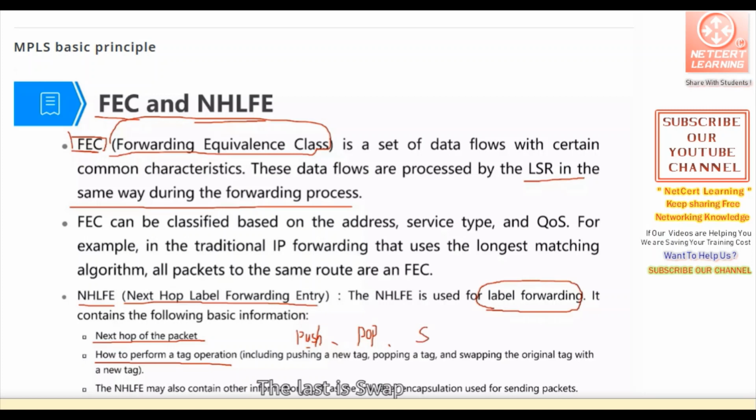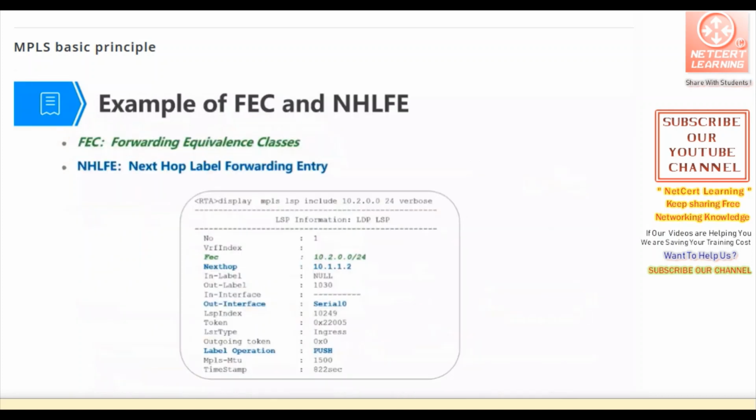The last is swap. Swap is used in the middle, on the LSR. Swap means we swap one label for another label and then forward it to the next hop. So the NHLFE will guide us to forward the MPLS packet through the MPLS domain.